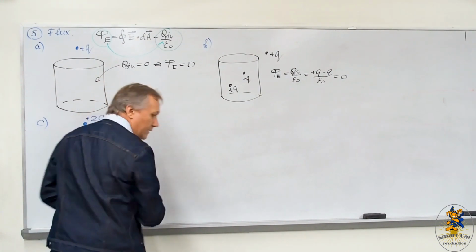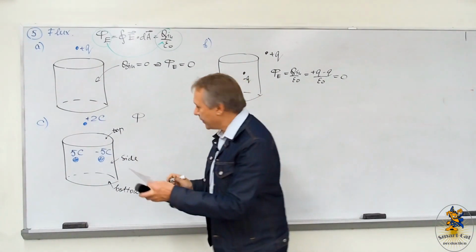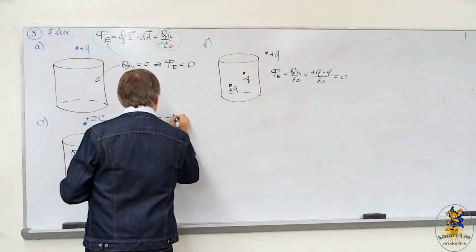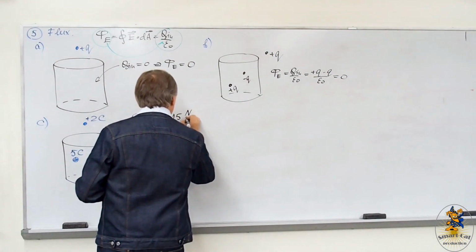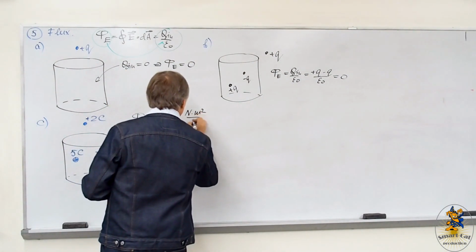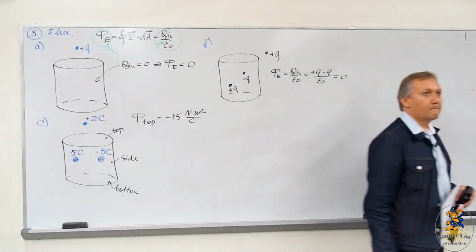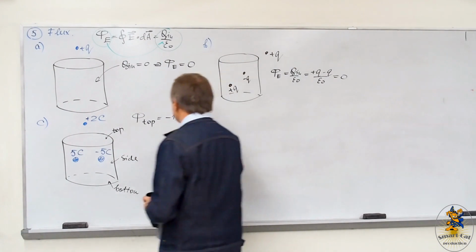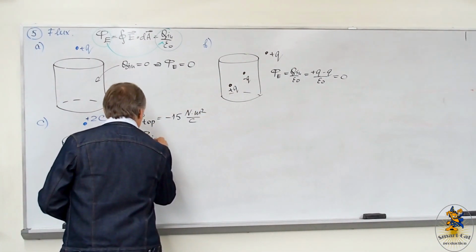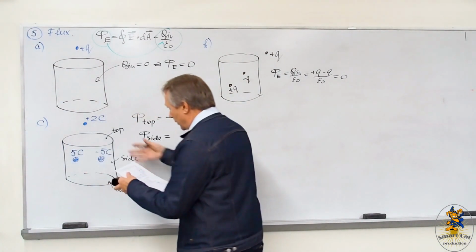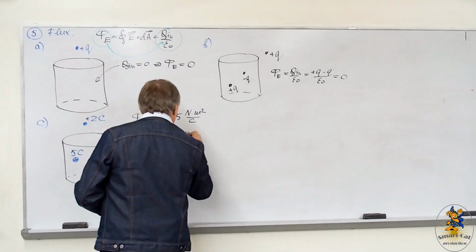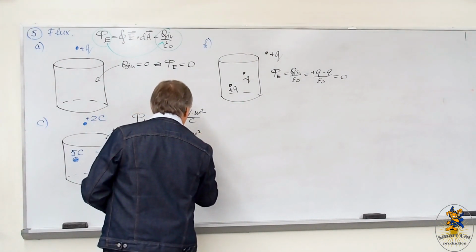So what is given? We know that the flux through the top is minus 15 newtons times meters squared over coulombs. Then we also know the flux through the side, the cylindrical wall, is 10 newtons times meters squared over coulombs.